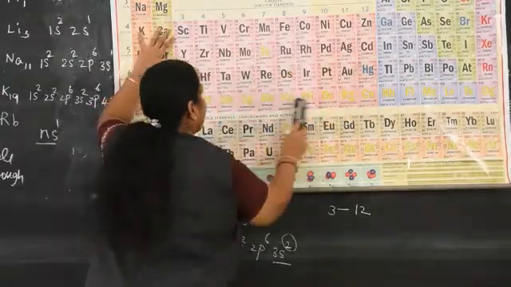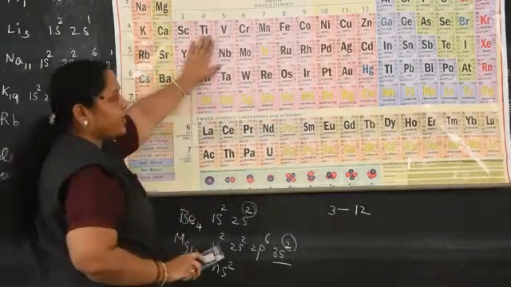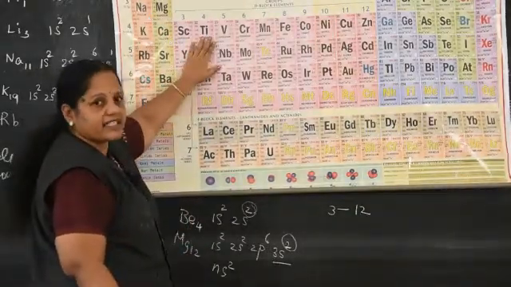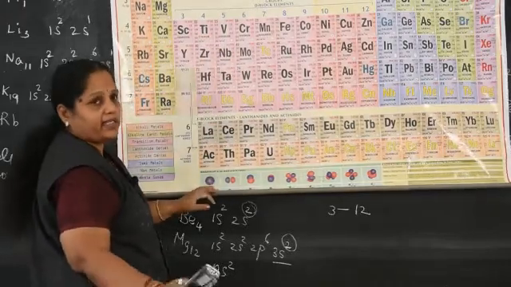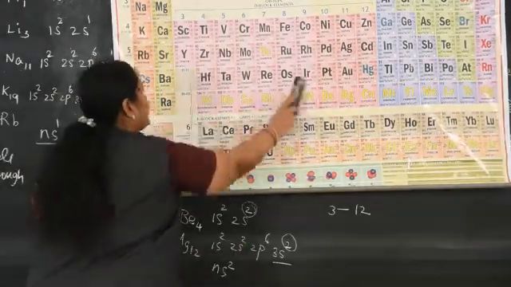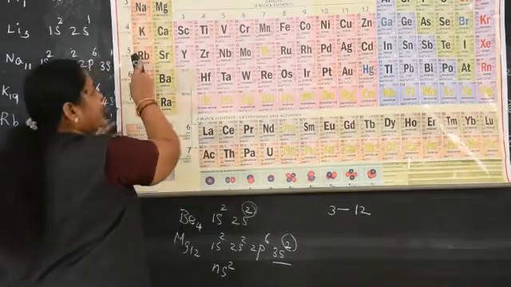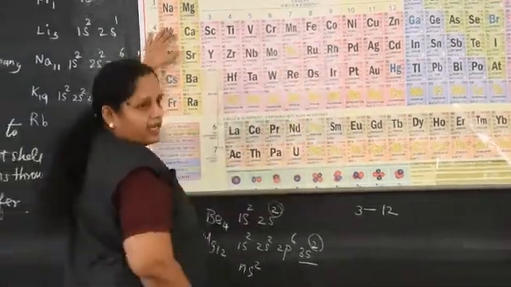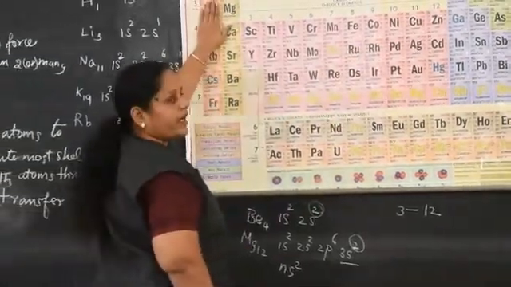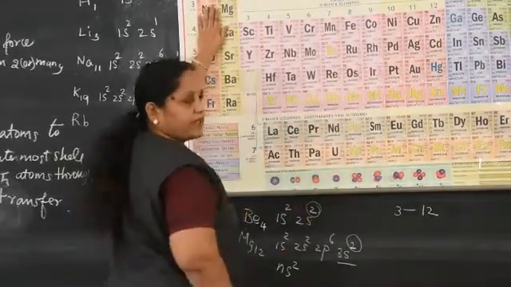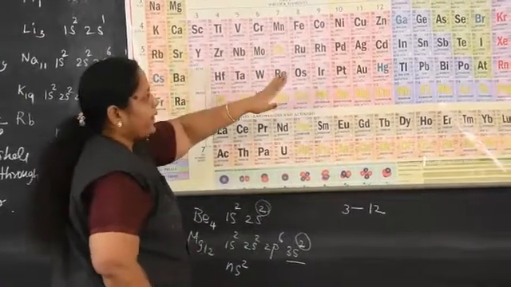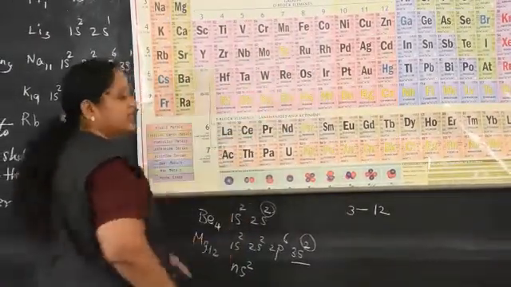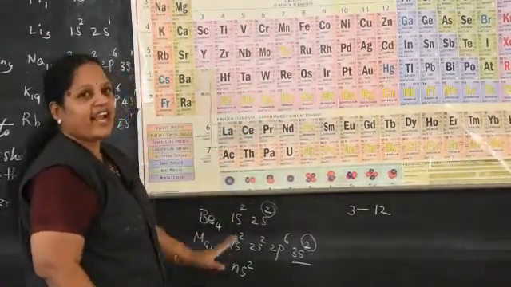These 40 elements are called D block elements, otherwise called transition elements. Why are these called transition elements? The properties of all these elements are in between S block and P block elements. Here S block elements, there P block elements are there. The property of these is in between S and P, that's why these are otherwise called transition elements.